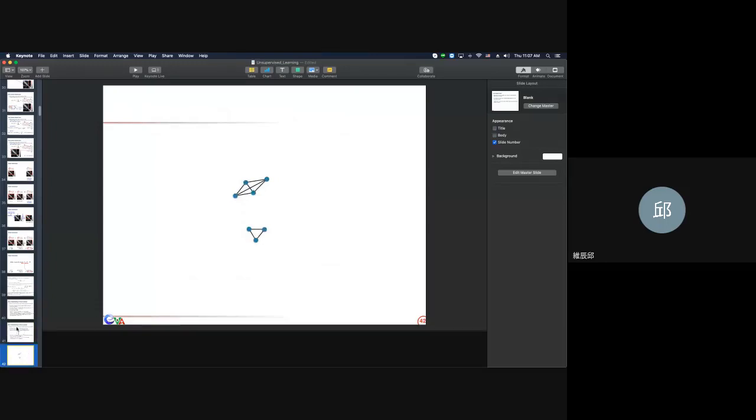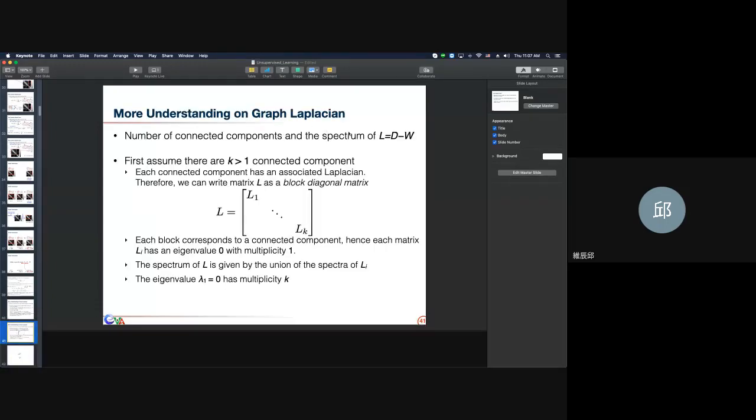Actually, what we are going to tell you is that according to this graph Laplacian matrix, we are able to understand how many connected components are in your data set.